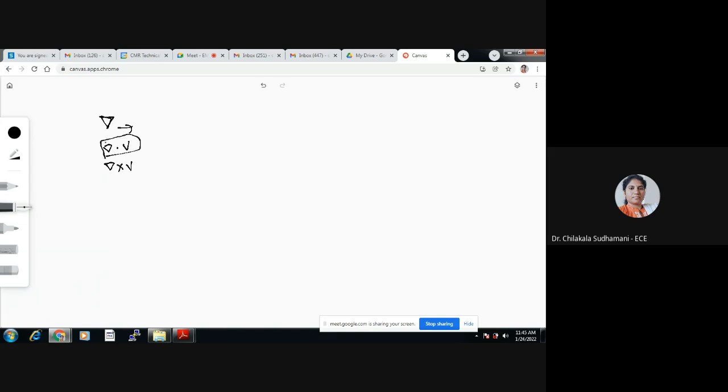What is del? It is a differentiation form. Del means this symbol represents the differentiation of a vector or scalar. This is represented as dou by dou x times ax. In the ax direction, we are going to differentiate with respect to x, plus dou by dou y times ay.